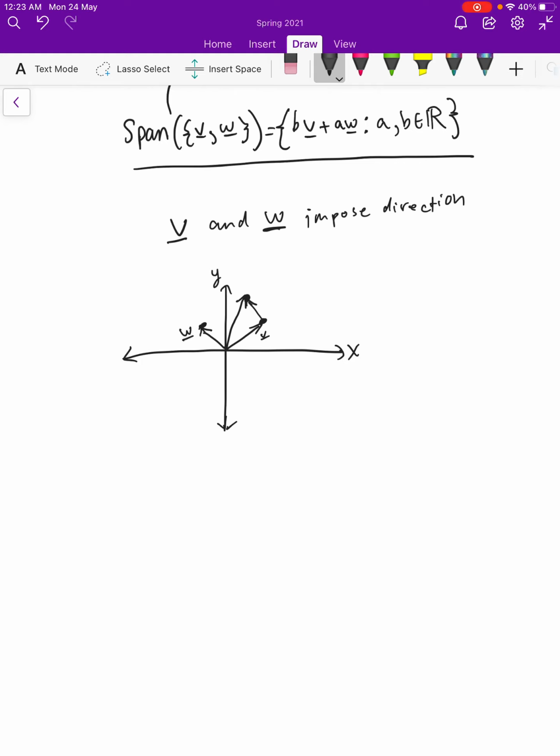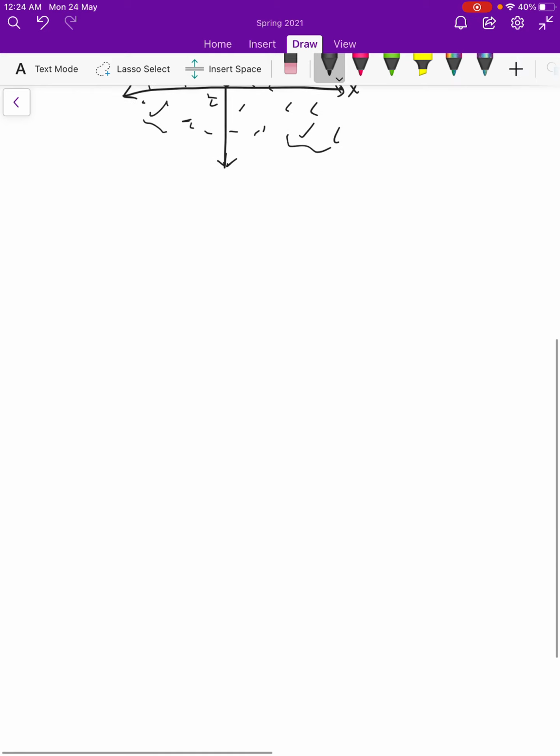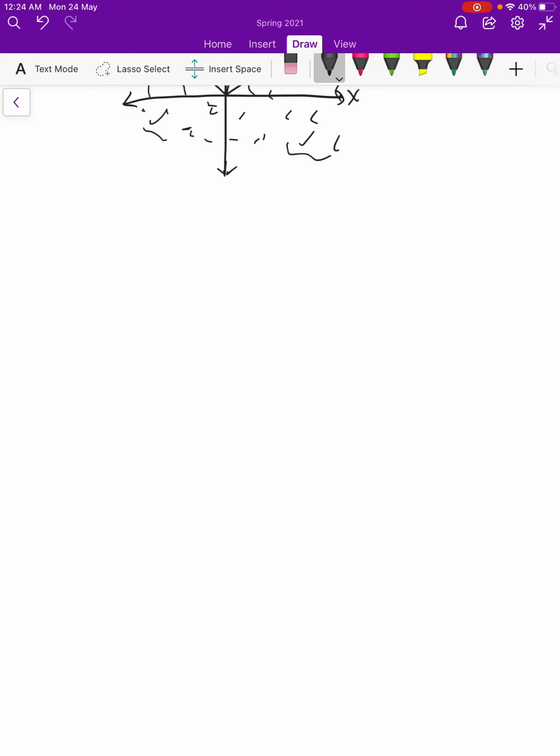Now, if we had 2w, then we're going to put another w here. It's going to give us this point. And this is going to define basically everything here. It's going to be enormous and infinite. But that is what a plane is. That is what we define as a plane.